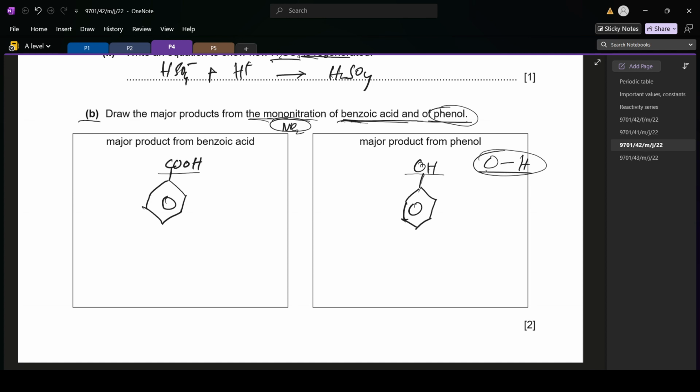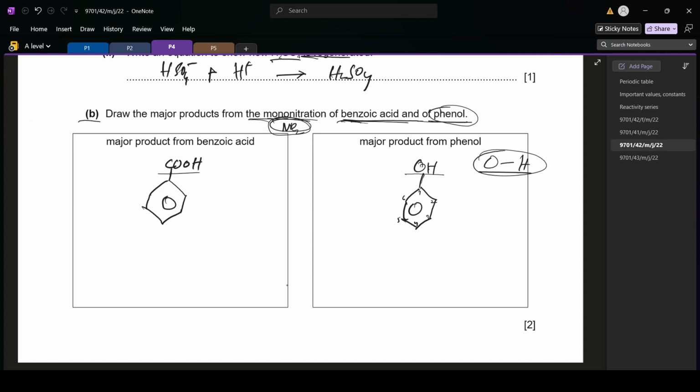There are only single bonds in OH, so this will be a 2,4 director. So nitration could be attached. This is carbon number 1, 2, 3, 4, 5, and 6. So the NO2 group, the nitro group, can be attached to the 2, 4, 6 positions.